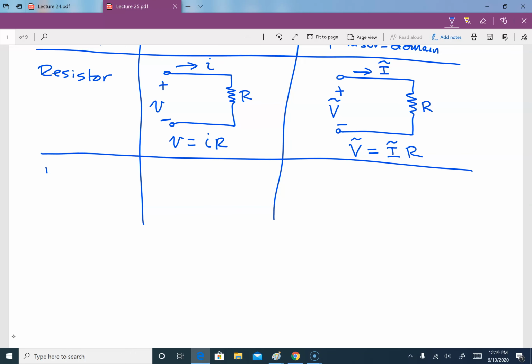And then for inductor, in time domain the inductor looks like this.